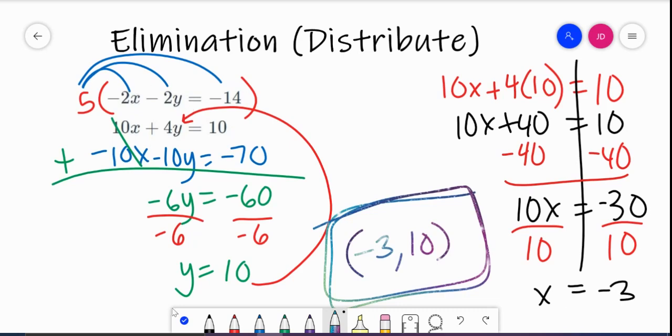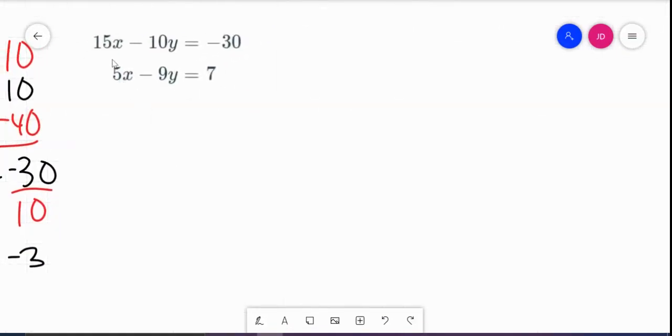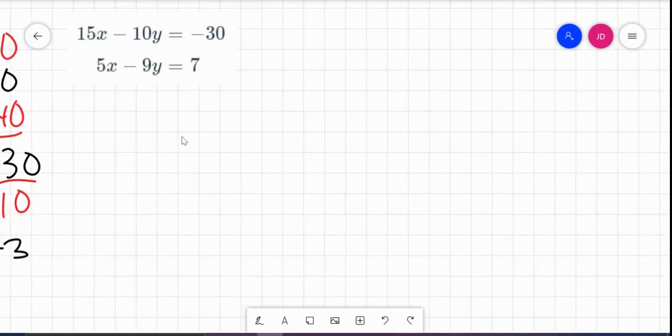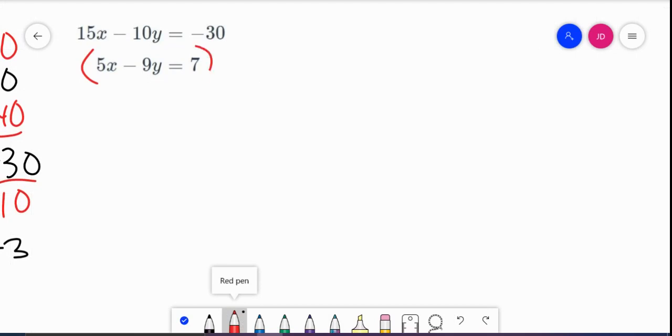All right, let's look at another one. All right, here, take a look. 5 goes into 15 3 times, but careful with this one. I have to multiply it by negative 3 in order to get them to cancel.